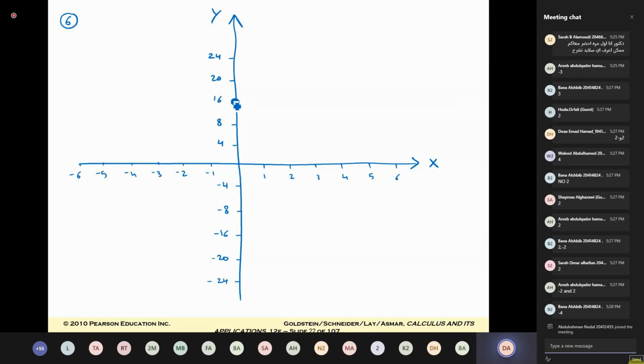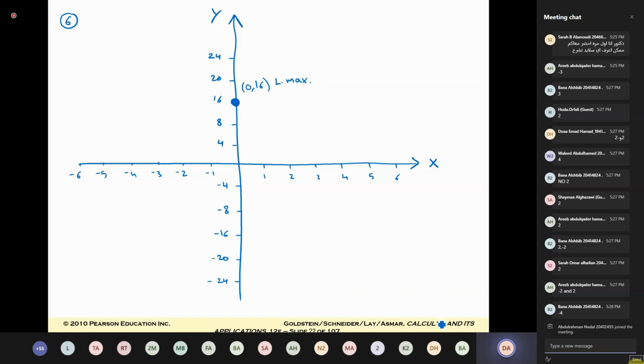Around this point, we don't draw the curve like this. This is the maximum point, so it must be like this. So (0, 16) is the local maximum.